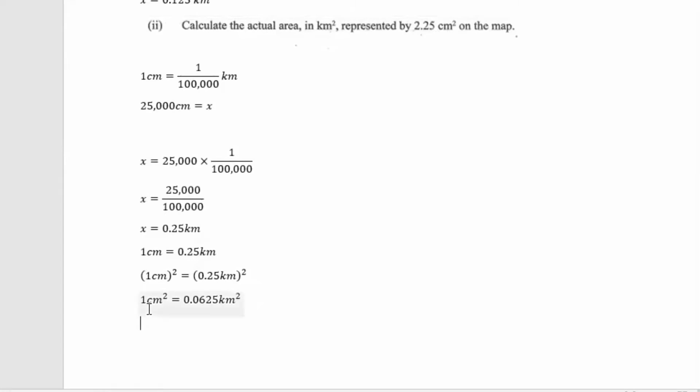So if 1 centimeter squared is equal to 0.0625 kilometers squared, then 2.25 centimeters squared is equal to x, which is what we are trying to find. So x is 2.25 multiplied, cross multiplying here, by 0.0625 kilometers squared, all divided by 1 centimeter squared.